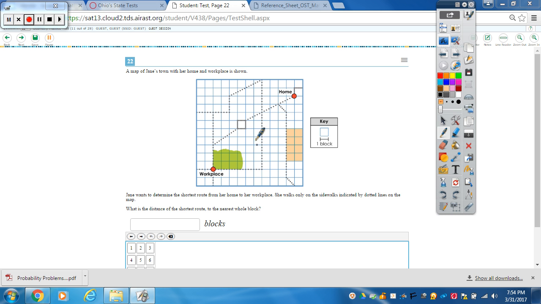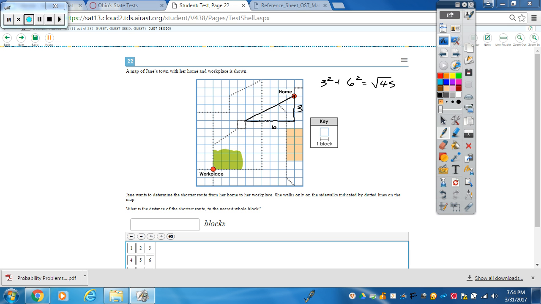So I know that this length right here can be calculated by doing the Pythagorean theorem again. 1, 2, 3, 1, 2, 3, 4, 5, 6. So 3, 6, and I can go ahead and figure out this length here. 9 plus 36 is going to be 45, so the square root of 45 will be that length right there.